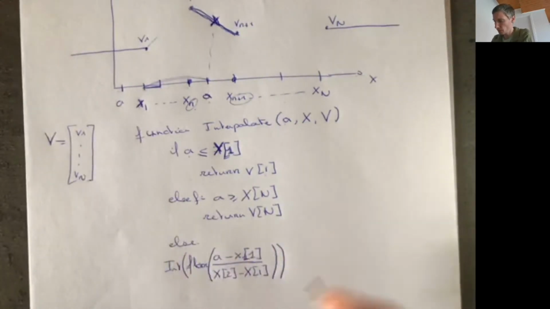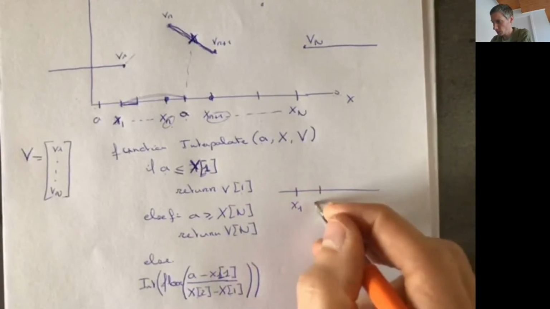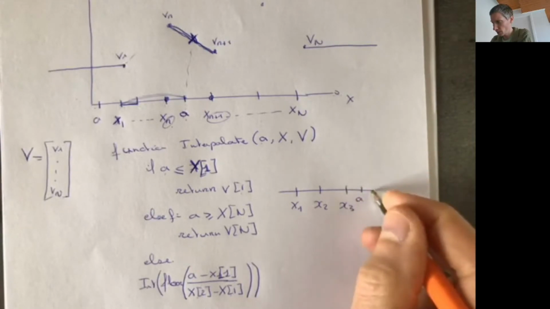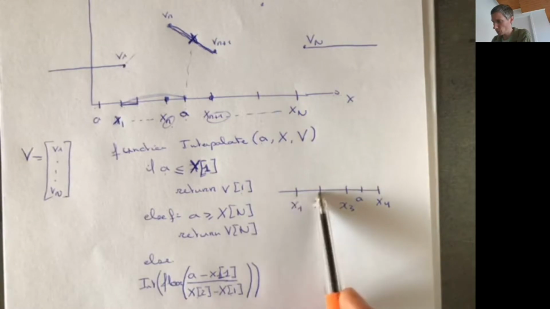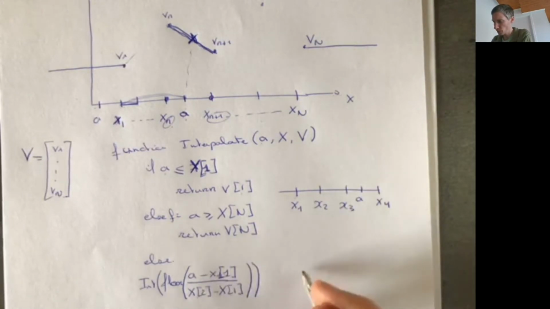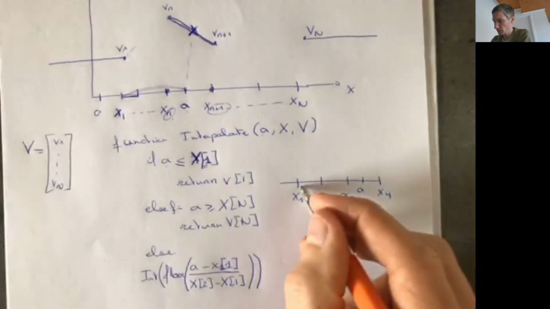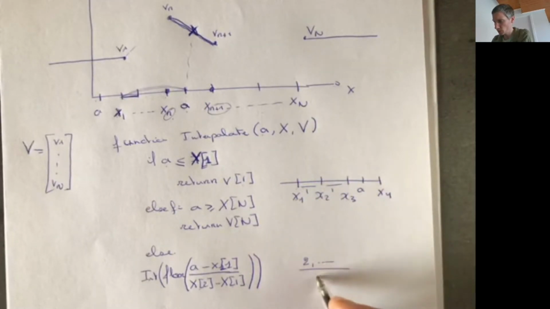So here, for example, let me draw it. If I'm at x1, x2, x3, and if this is my a, and here I'm at x4, basically this is going to be 1, 2, 2 and something. So a minus x1 is going to be 2 point something, and if this distance is 1, then x2 minus x1 is equal to 1.